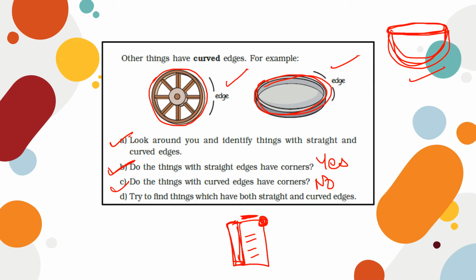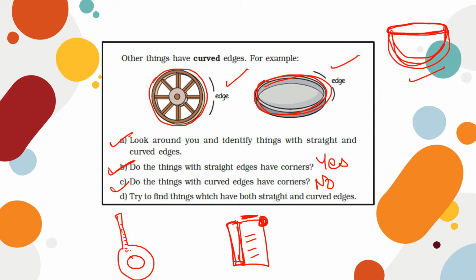Try to find things which have both straight and curved edges. So, for example, let's take a bicycle, right? Or to keep things easy, let's take a guitar, all right? So, this is a guitar, right? Excuse my drawing. These are the strings.